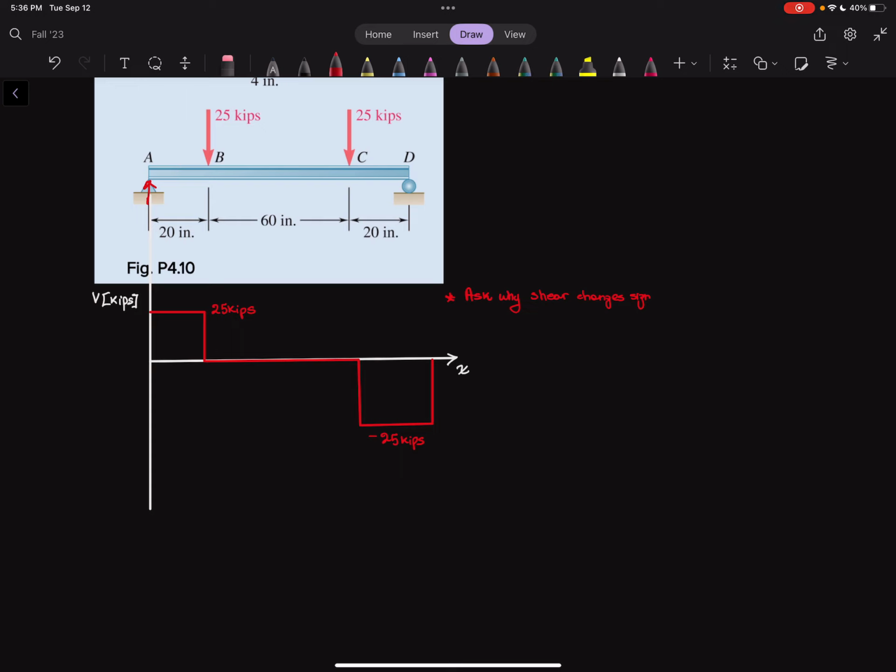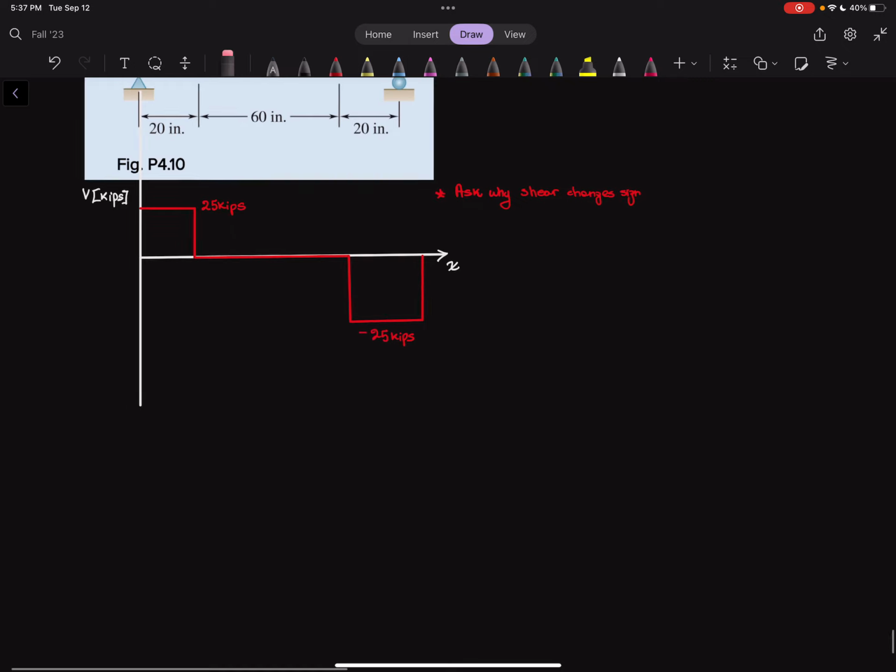And if I cut here, then I'm going to have a shear going up that is still opposing. So if we represented this as positive shear, then this has to be negative. So that's kind of how it is. I'm going to ask for more clarification, but that's how I'm thinking about it now. And I'm sorry if I don't have a better answer.